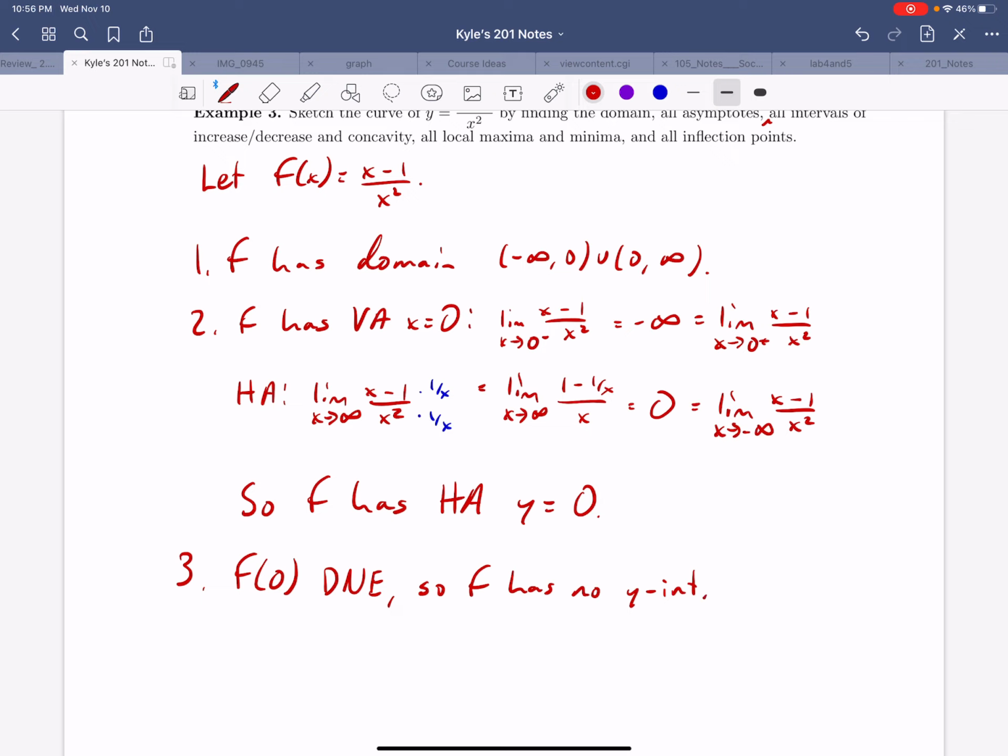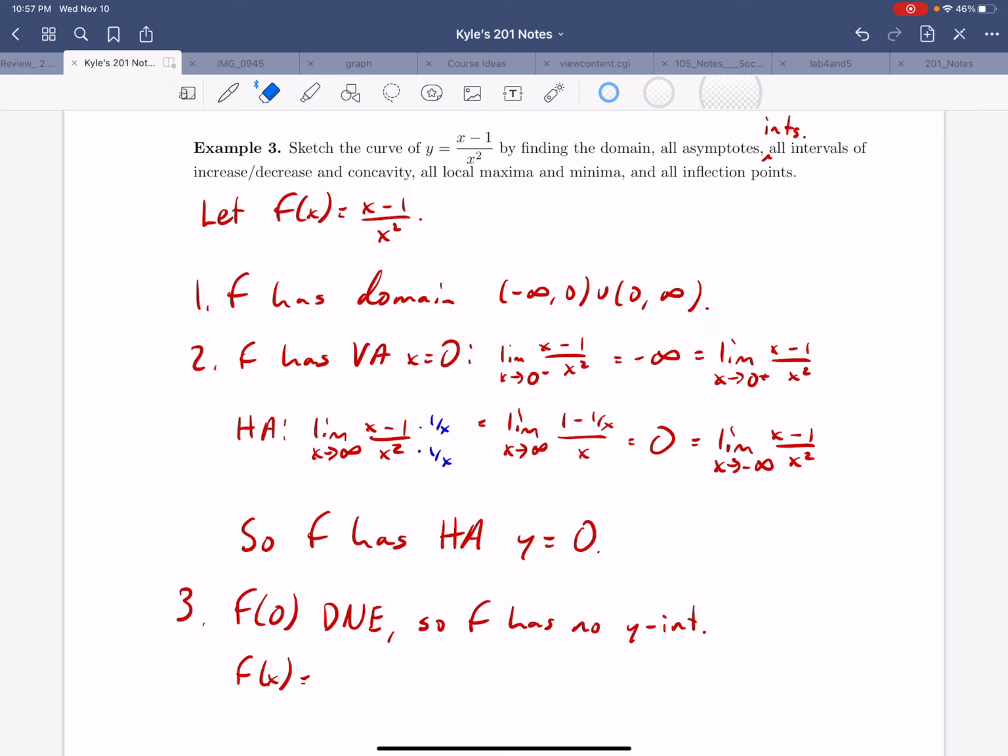Well, unusual, but it happens. Now, we could also note that f of x equals 0. Was that x minus 1? Yeah, x minus 1 over x squared equals 0 at x equals 1.